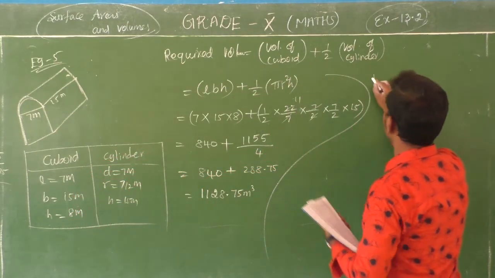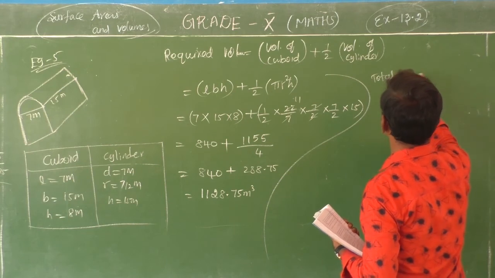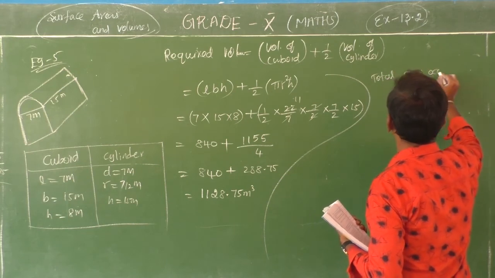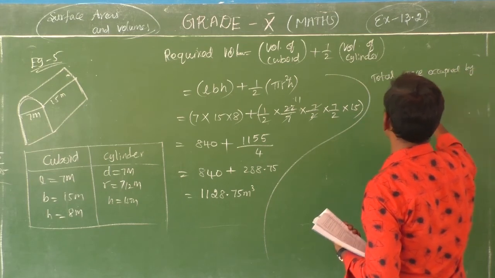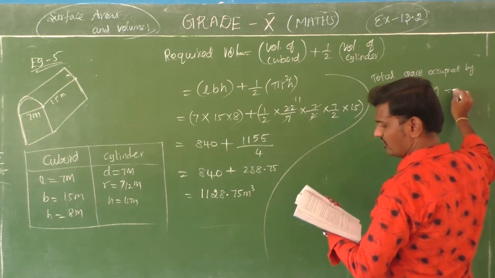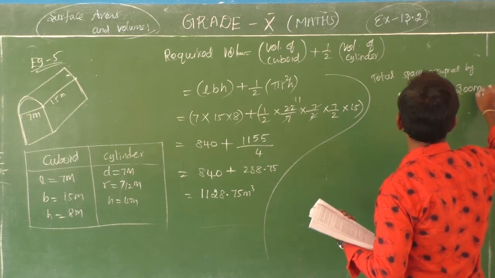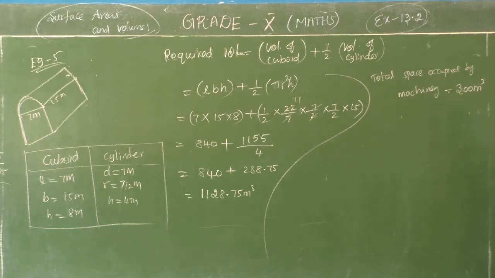Total space occupied by the machines is equal to 300 meter cube. And how many workers are working in the shed? 20 workers are working in the shed.